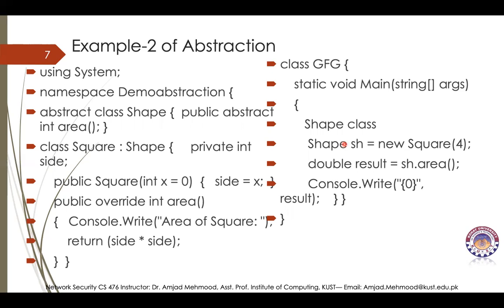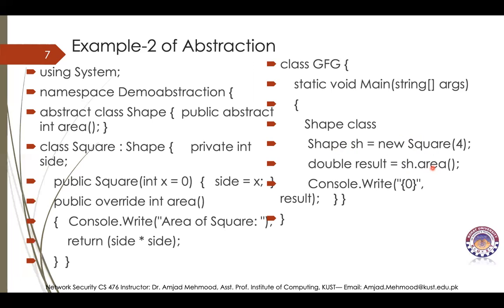You can assign the child class to the parent class, and then this method will be called. That's why this is called late binding, because first the object will be created and then this object will be bound with the area. The binding will be done once the object is decided. So whatever object is assigned to this shape reference will call that method.